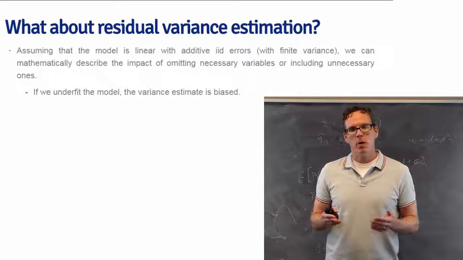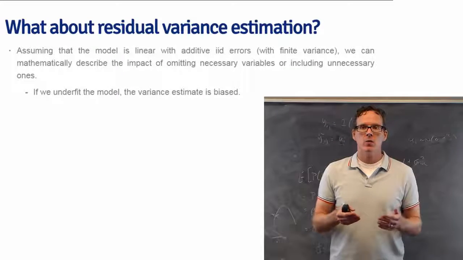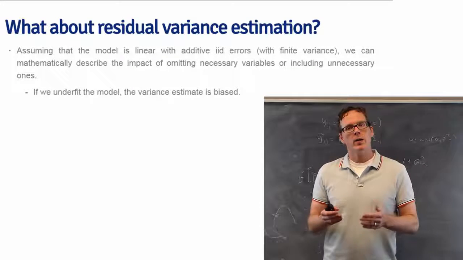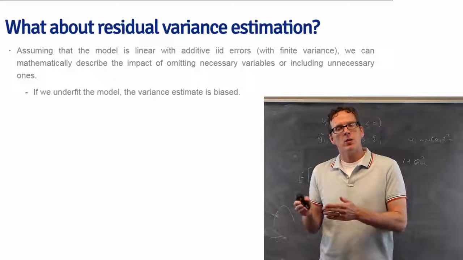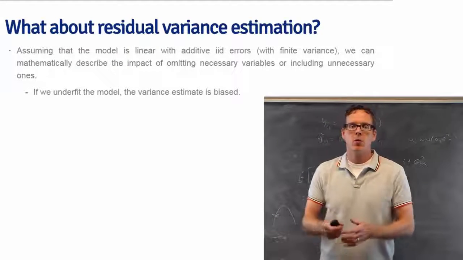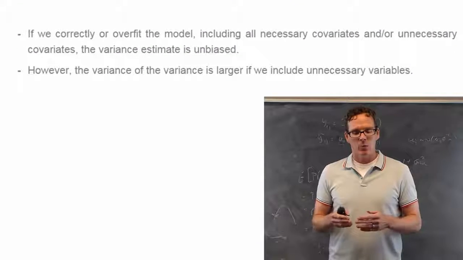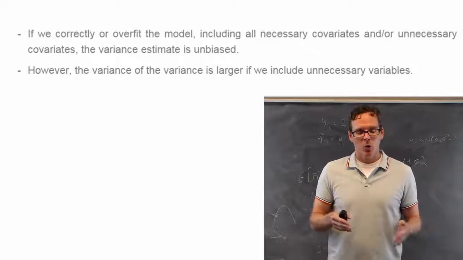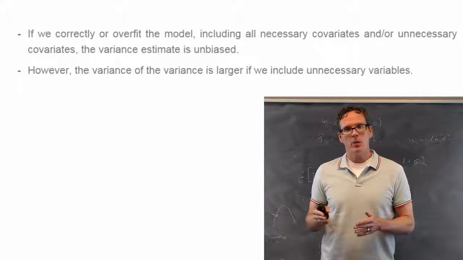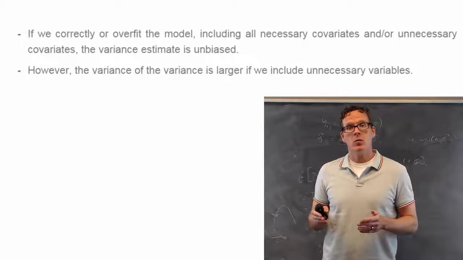If we underfit the model, in other words, we omit important variables, then the variance estimate is biased. Why is that? Because we've attributed to variation things that are actually systematically explained by these covariates that we've omitted. On the other hand, if we either correctly fit the model, we include all the right terms, or if we overfit the model, then the variance estimate is unbiased.